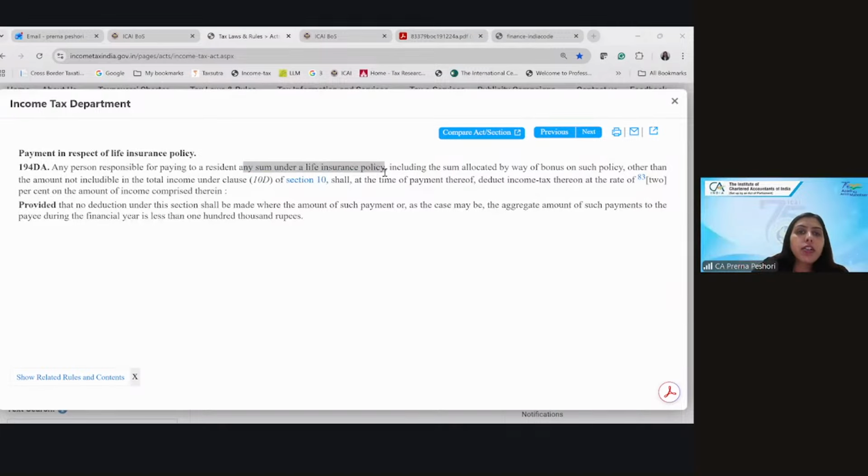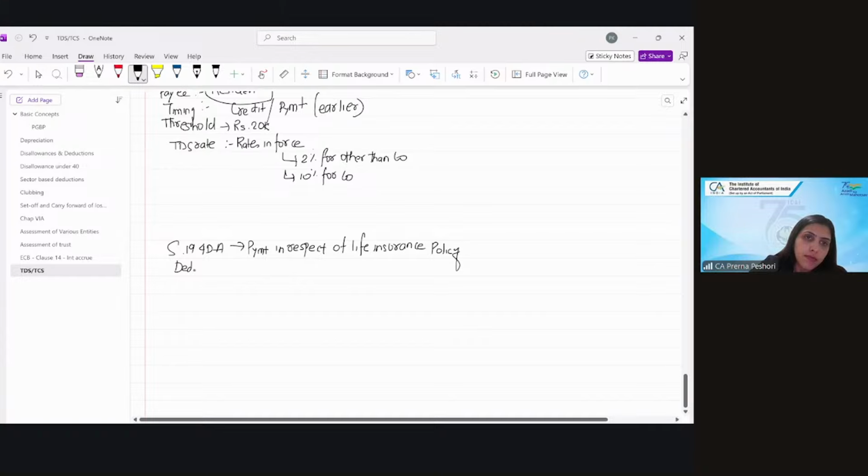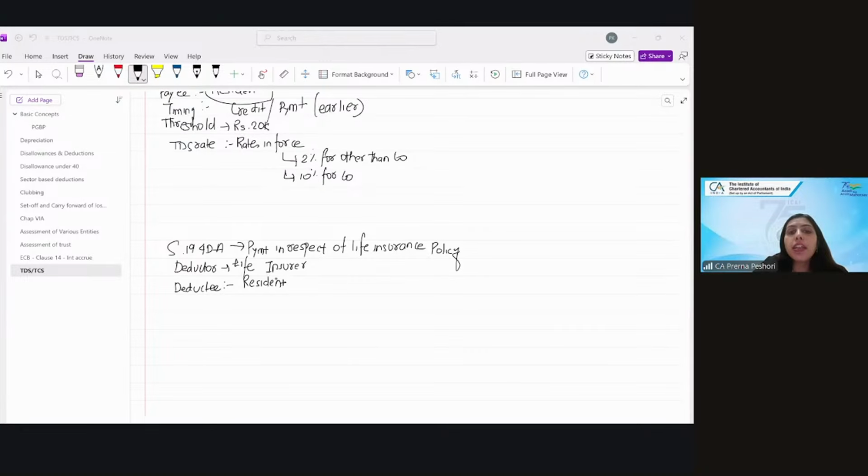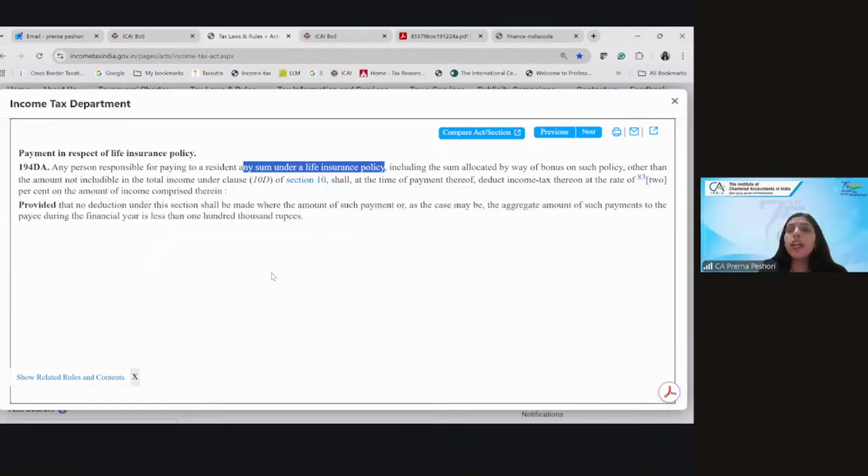So who is the deductor over here? Life insurer. Who is the deductee? Resident. And the sum is paid in respect of the life insurance, including a sum allocated by way of bonus on such policy other than the amount not includable under section 10(10D).